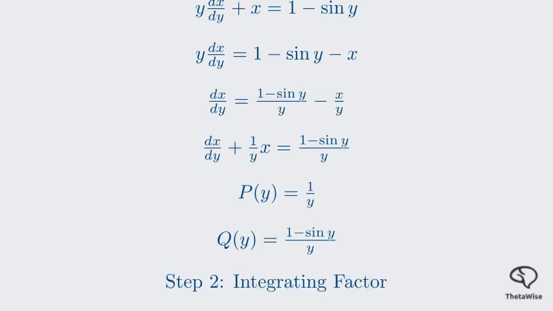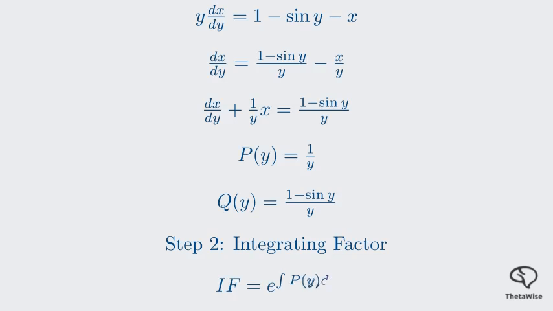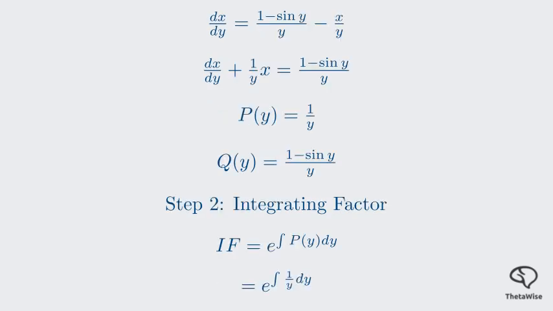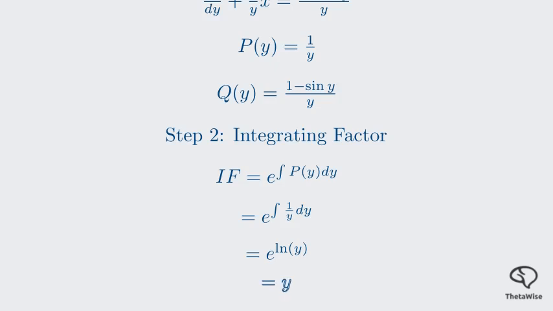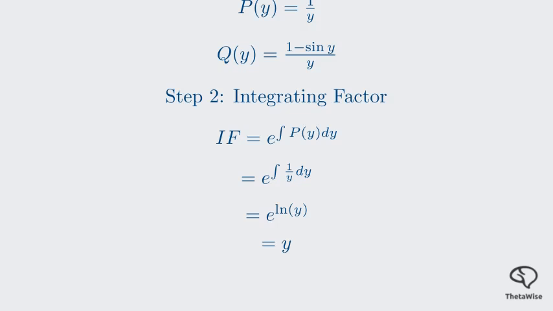Step 2. Integrating factor. The formula is similar, but we integrate with respect to y. I(y) equals e to the integral of P(y) dy. This is the integral of 1 over y dy. The integral is ln of y. So our integrating factor is e to the power of ln of y, which simplifies to y. Step 3. Integrate Q(y) times the integrating factor.